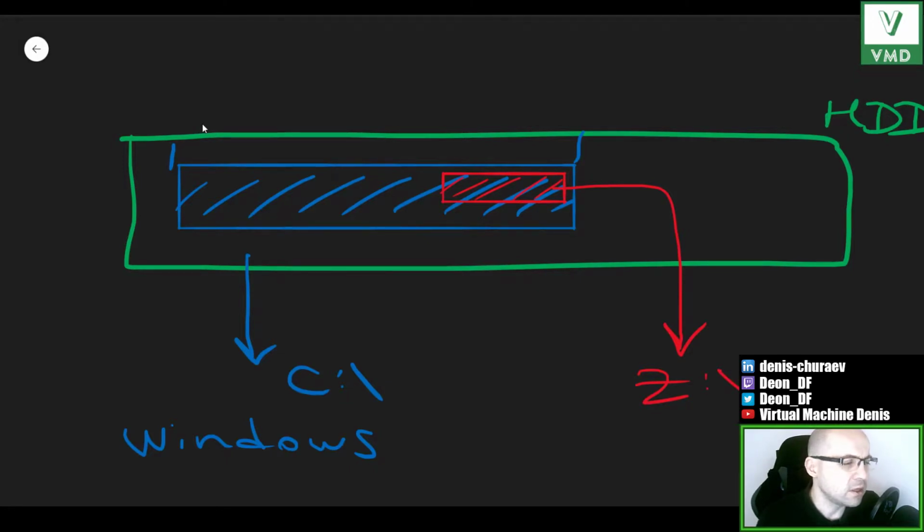And if the block is inside of this Z, it is read from this shadow copy because it's an older version of something I deleted, for example, this file. But if the block is in the original partition, it's going to be read through this. So basically it will go and read the block from the original partition where it's not present in Z. It's the same idea that I explained in the VMware Snapshot tutorial.